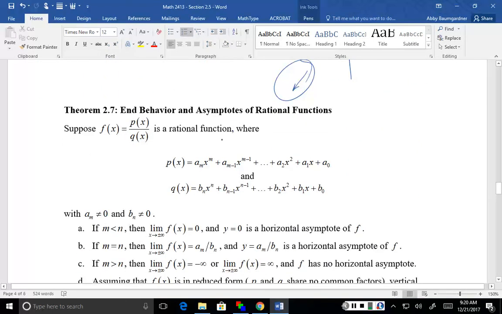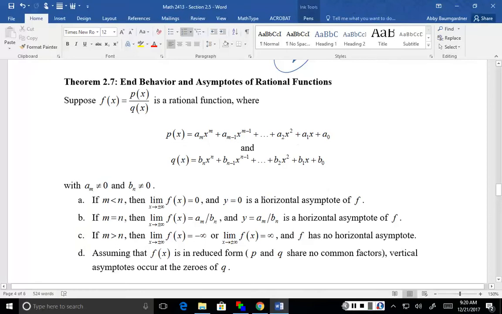End behavior and asymptotes. So in college algebra, we had this way of describing the horizontal asymptote, and it was based on the degrees. It said if the degree of the numerator is less than the degree of the denominator, then there's a horizontal asymptote at 0. And again, this is if we were looking at rational functions.